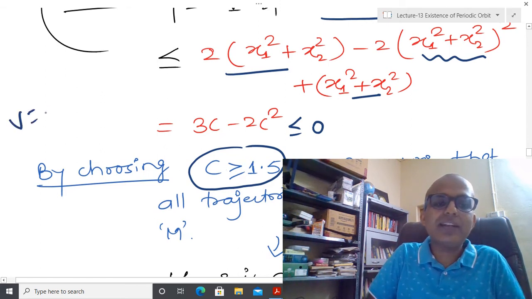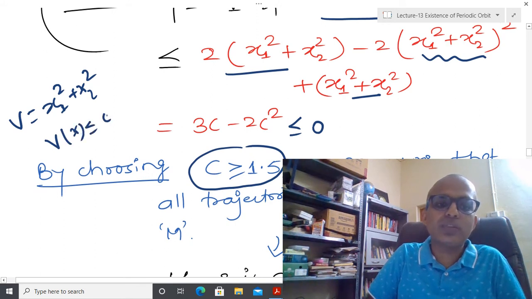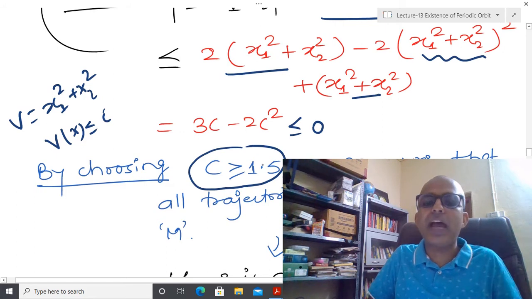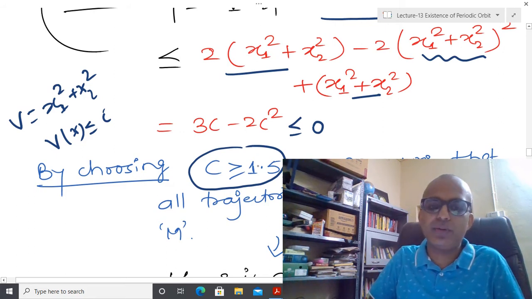You can see that the region I have constructed is x1 square plus x2 square, and I am saying that V(x) is less than or equal to c, and c should be greater than or equal to 1.5. So if c is 2, 4, 5, something like that, then only there exists a periodic orbit.